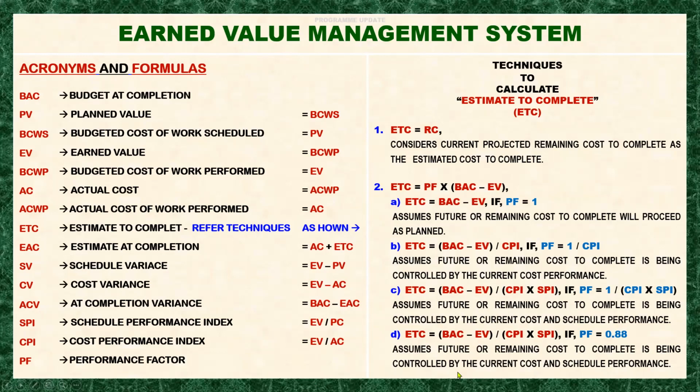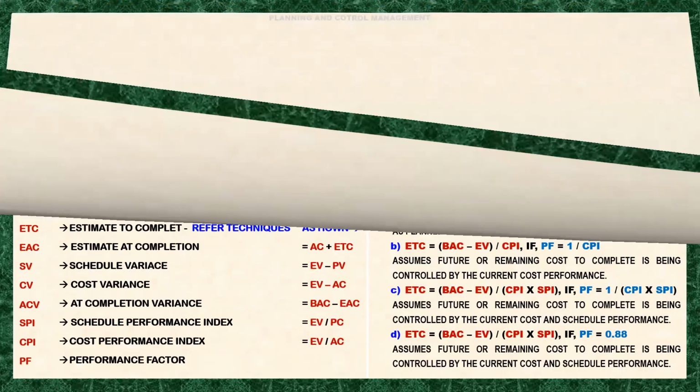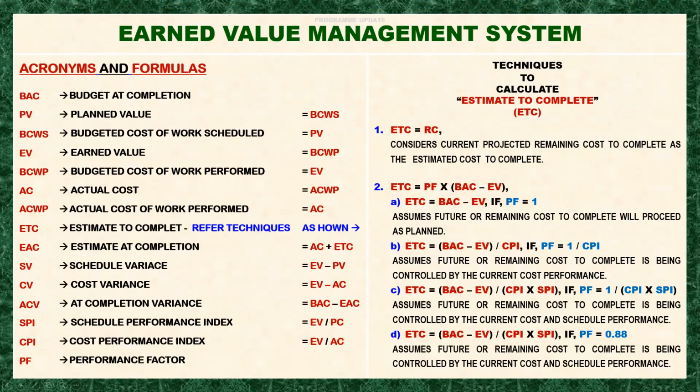Let's say, for example, PF is equal to 1, so there is no need to put 1 for the PF, because it is understood as 1. So 1 has no effect when multiplied to other numbers. The same as in here: 1 divided by the CPI, so 1 has no effect. Sorry. The same thing as in here.